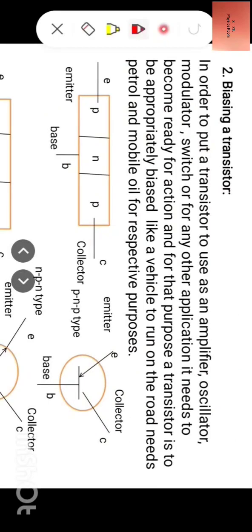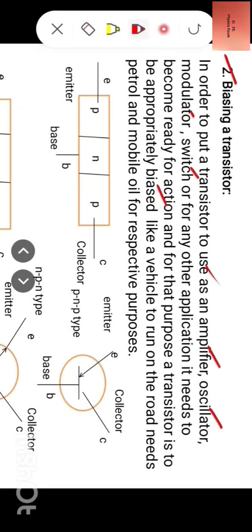Now second, biasing a transistor. In order to put a transistor to use as an amplifier, oscillator, modulator, switch, or for any other application, it needs to become ready for action, and for that purpose a transistor is to be appropriately biased.